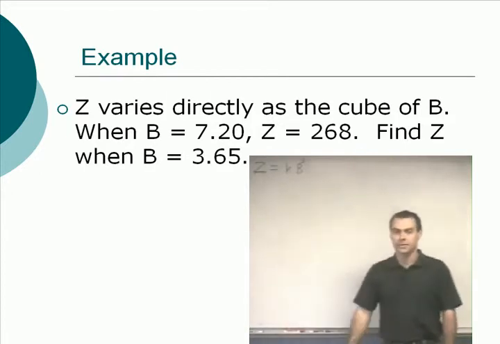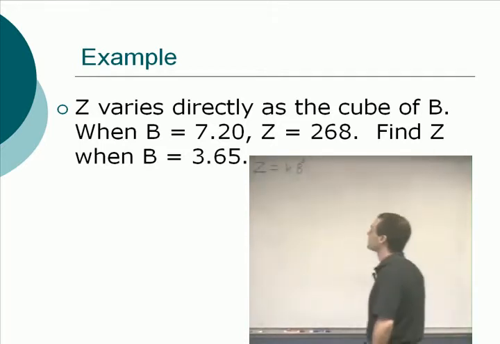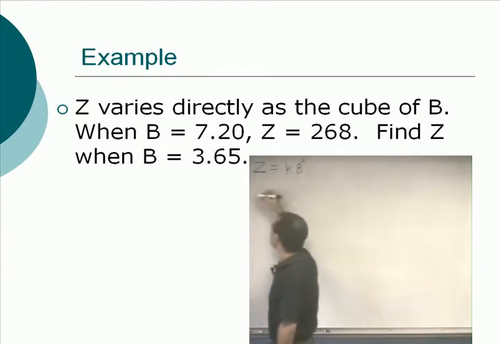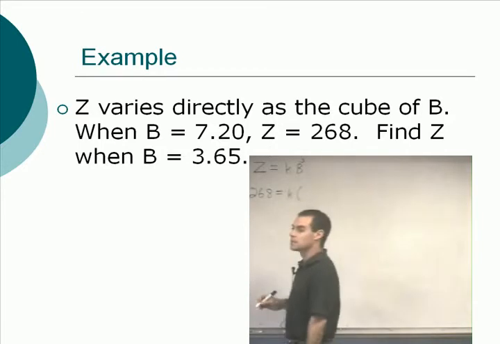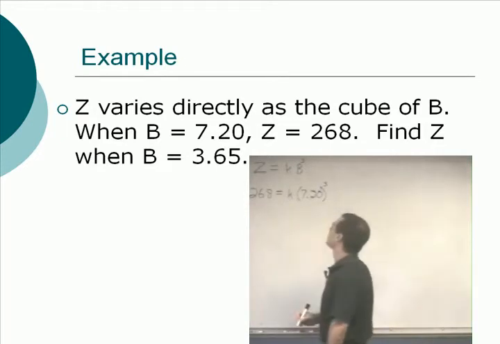And that's it. Now we do the same thing we did yesterday. It says that when b equals 7.2, z equals 268. So we take the case we know and plug that in to find k. So z equals 268, that equals k times b, which in this case is 7.20 cubed.